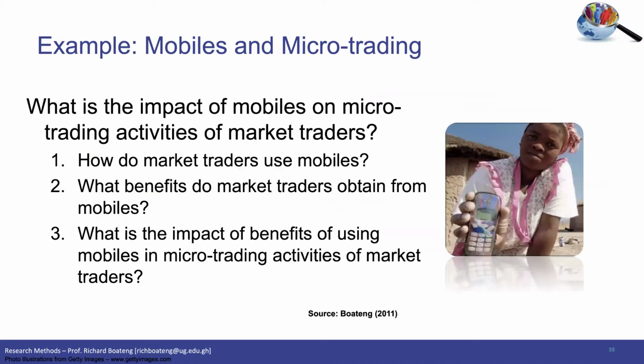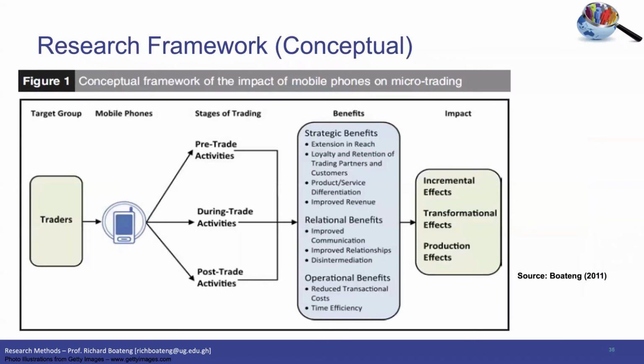So what is the impact of mobile on micro trading? In that case, I developed a conceptual framework for it, which will cover how the traders use mobile phones, the benefits, and what impact it may include. So I have this one here that tells you that the traders will adopt mobile phones for pre-trade, during trade, and post-trade. This middle part, pre-trade, during trade, is coming from economics, the stages of trading.